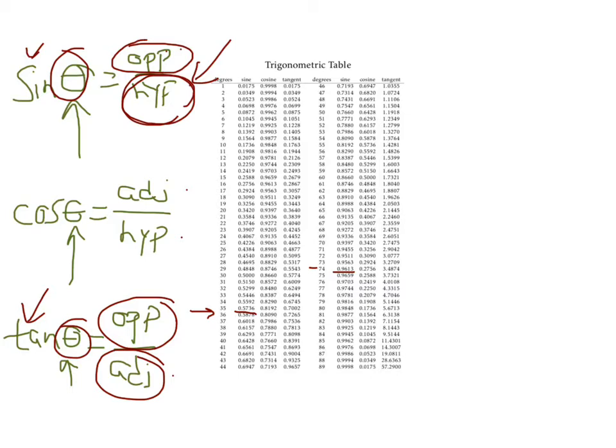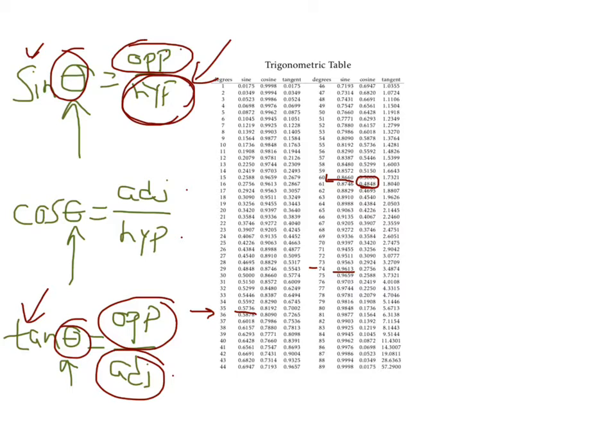Well, couldn't we ask the calculator to do it the other way? What if I said to the calculator, hey calculator, in the cosine column, where is 0.4848 and what angle does that come from? And the calculator can locate 0.4848 right there, and it can report back to me 61 degrees. And now I'm able to find out the angle because I know the ratio of 2 particular sides.